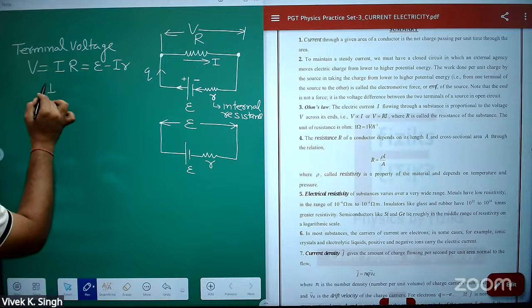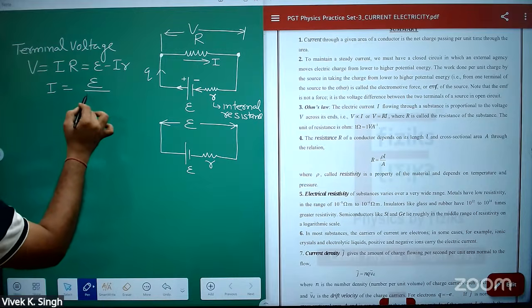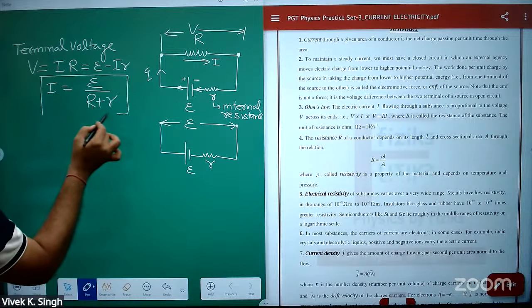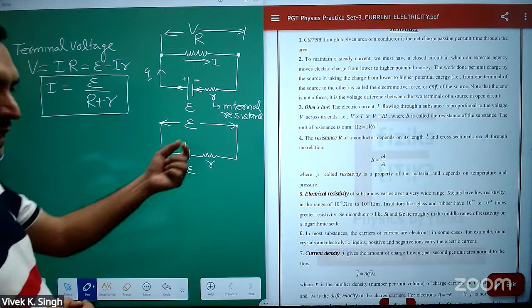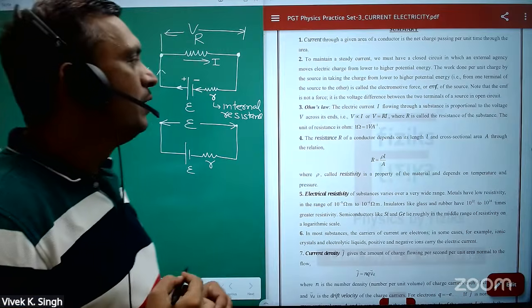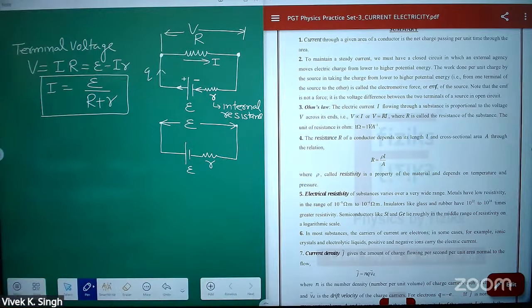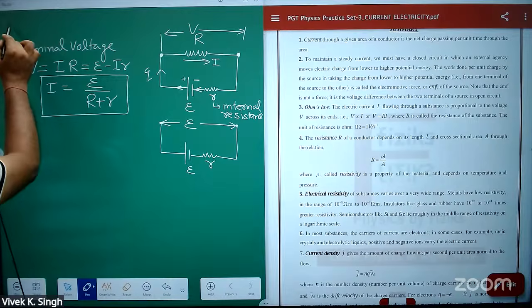So current I is given by E by R plus r. And the internal resistance of the battery is very small. So that is point number 2.